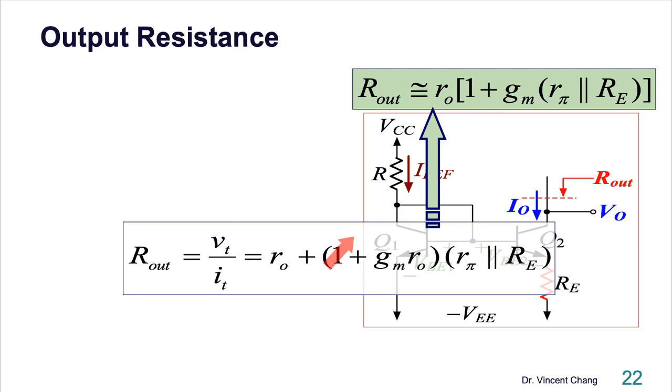Let's say the transconductance is 10 and r_pi in parallel with RE is also maybe 1 or 2 kilo ohm. Then RO gets multiplied by 10 times or 20 times.